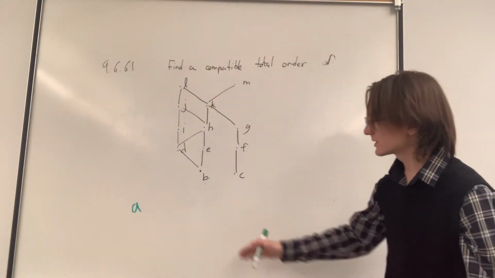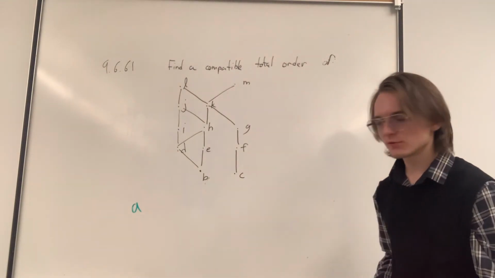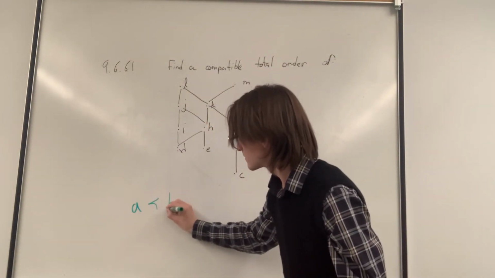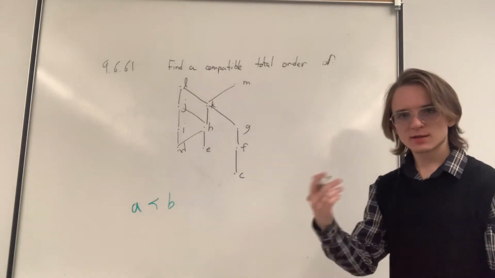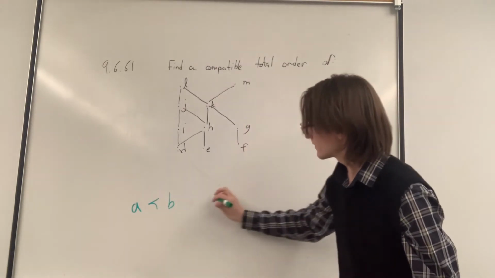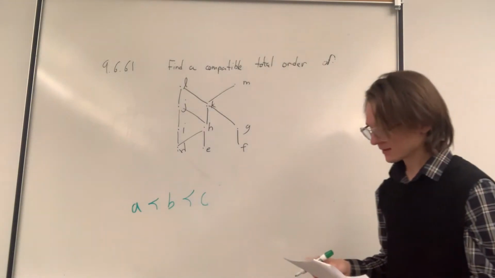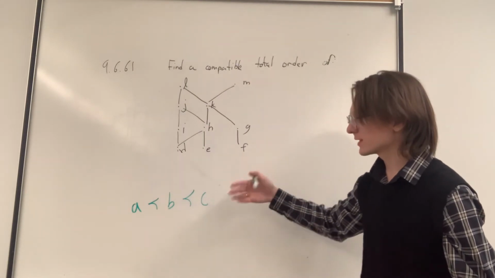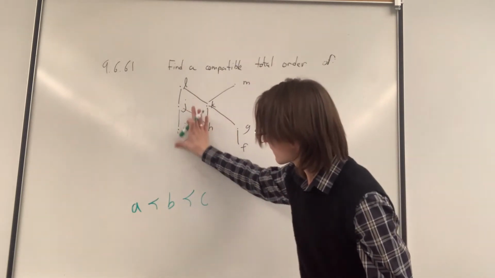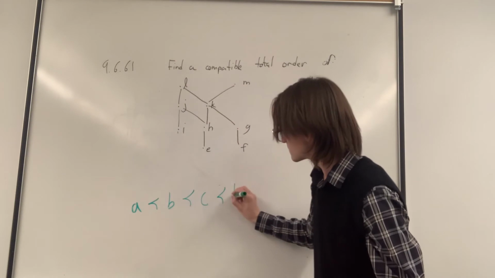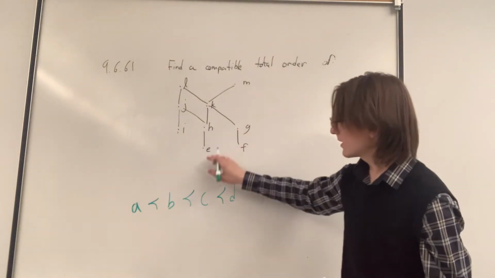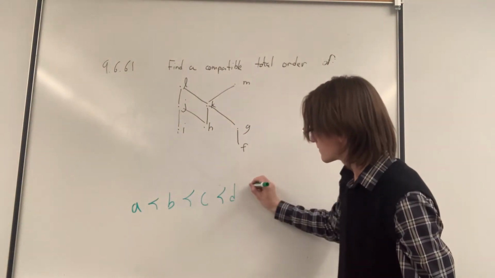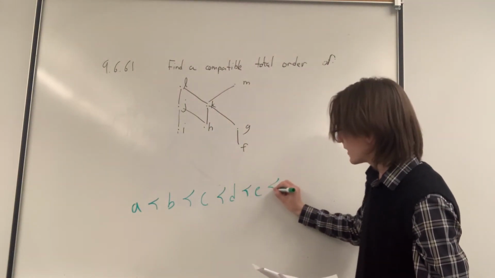Next, we have two minimal elements, B or C. Let's remove B. Next, let's remove C. Okay, now we have three minimal elements again, D, E, or F. Let's remove D. Then we have I, E, or F. Let's just go with E. Let's go with F next.